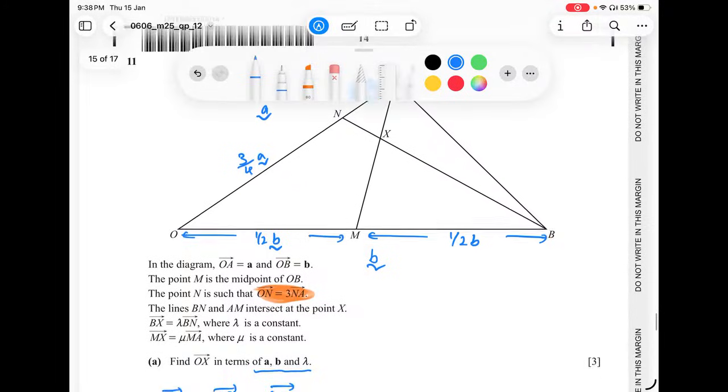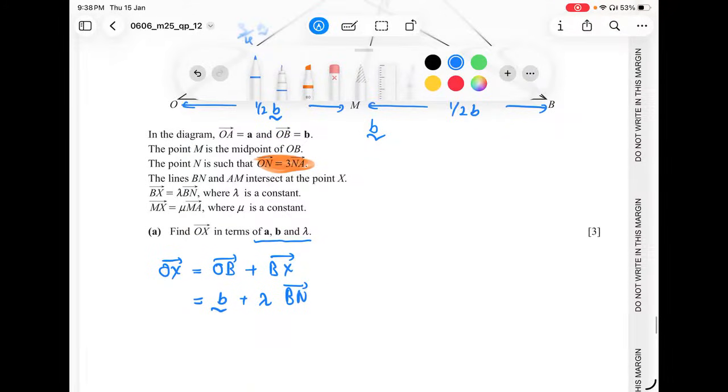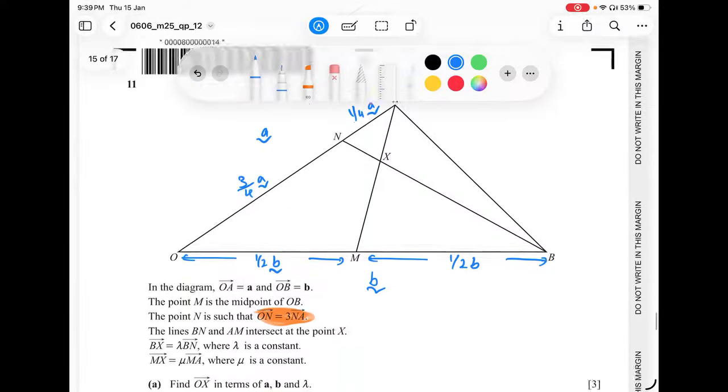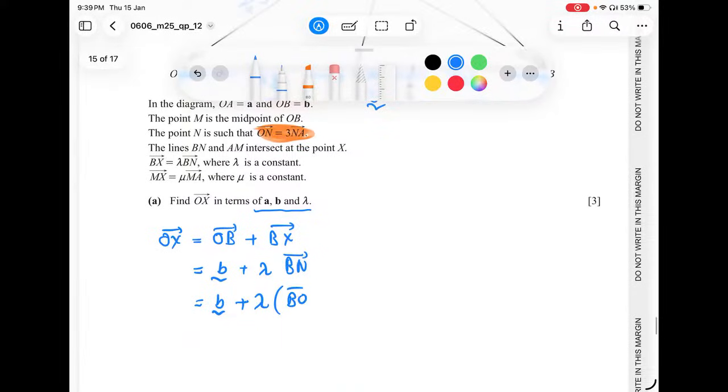So this BN you need to find. So that's going to be lambda times, from B to N you can go from BO plus ON. And when you go the opposite side, you need to remember the sign. There's going to be negative B plus ON, which as we know is 3 by 4 A.